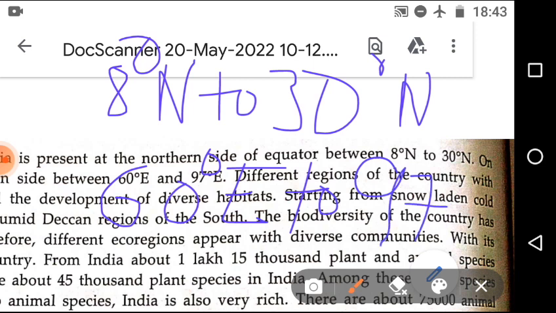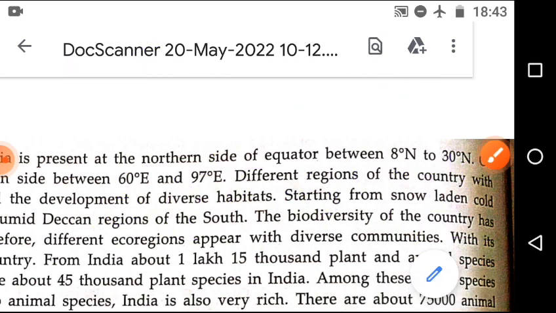That is, India is located in the northern hemisphere and the eastern hemisphere. The prime meridian is the main line that divides the earth into the eastern and western hemispheres. India lies east of the prime meridian, between 60 degree east and 97 degree east.